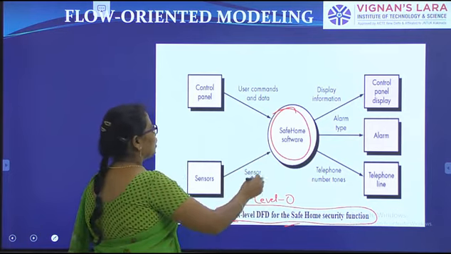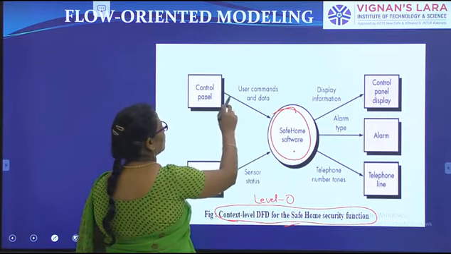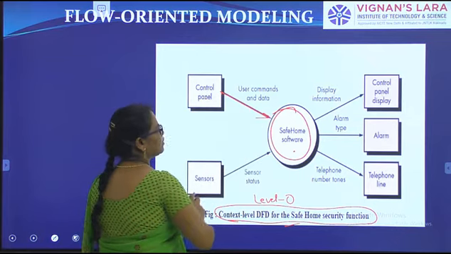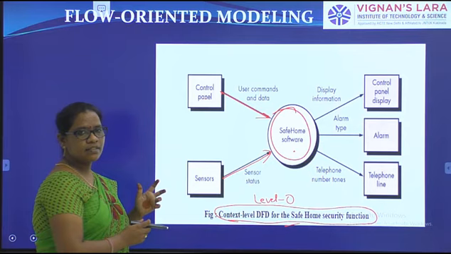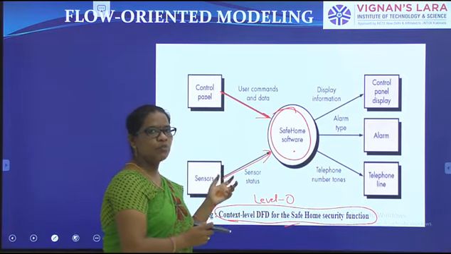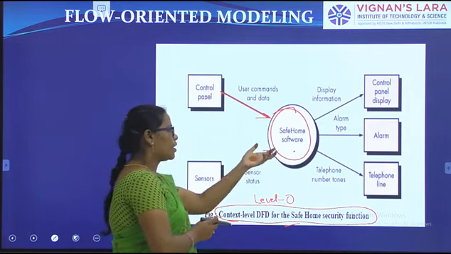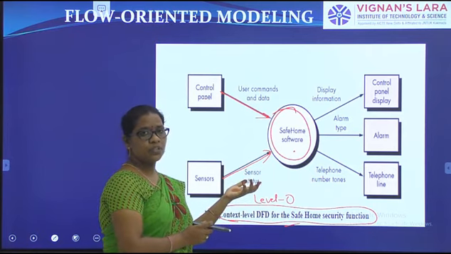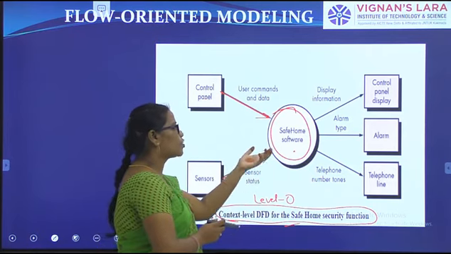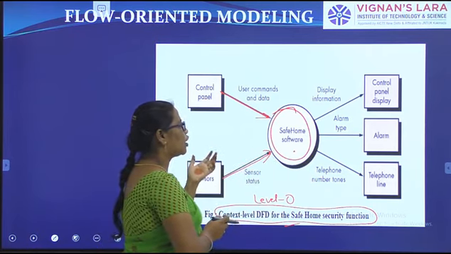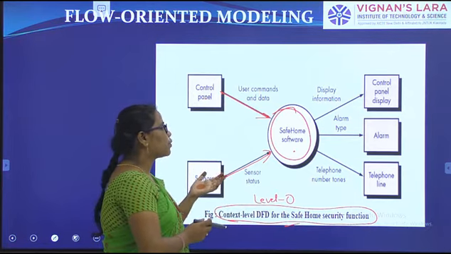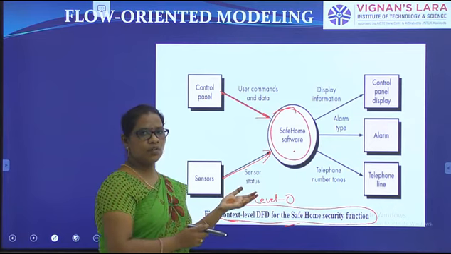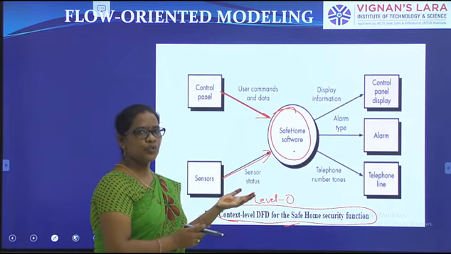Okay, so in this, first there is the control panel, whatever controls the user will do. And it has sensors, sensor status. So what is the SafeHome software? It exists in order to avoid theft and other improper conditions that occur in our houses, and to view those.